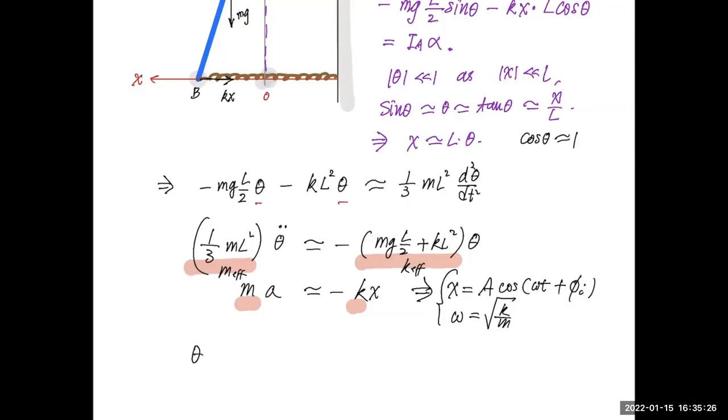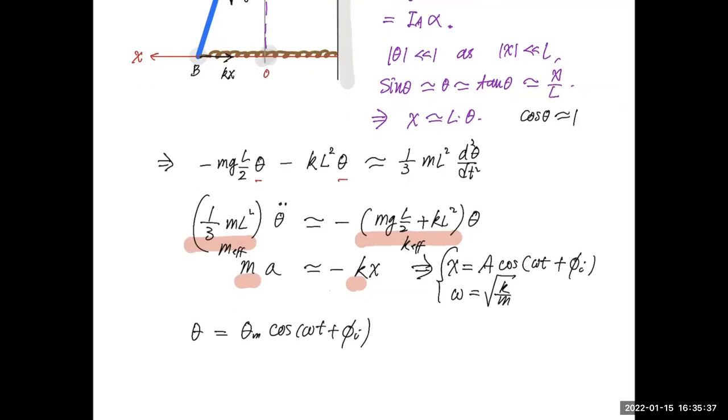I have theta equals amplitude of the angle times cosine of omega t plus phi initial, where omega equals the square root of k effective over m effective. And do I know what k effective is?